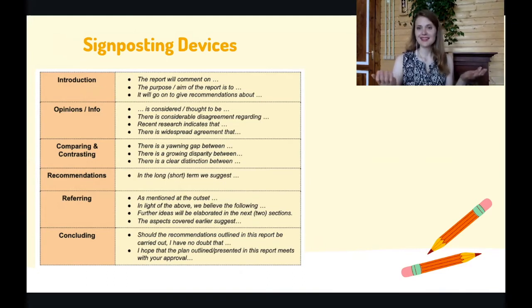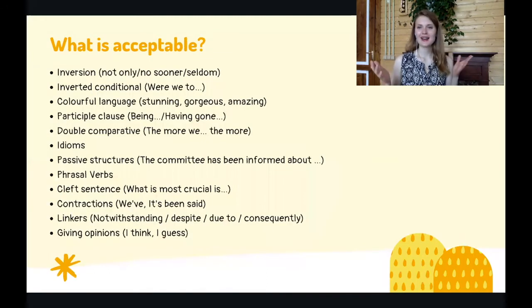So that's it. I think I've mentioned all the major points, and we need to talk about one more thing. So let's look at it. I've mentioned time and again that a report is a formal piece of writing, and it means that something is acceptable, something is not, in terms of vocabulary and language.